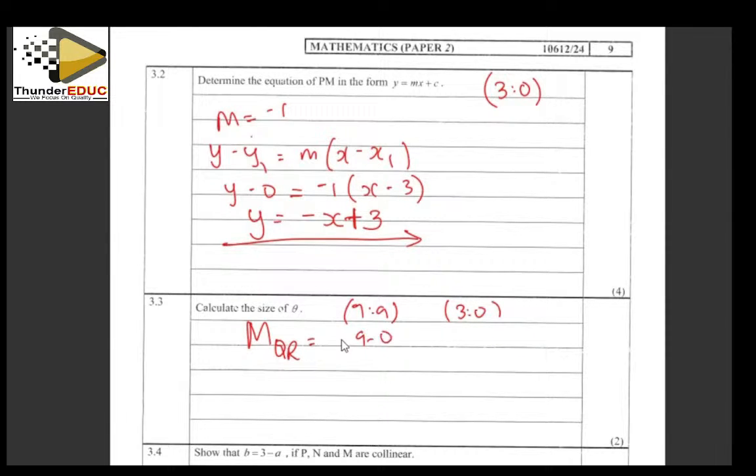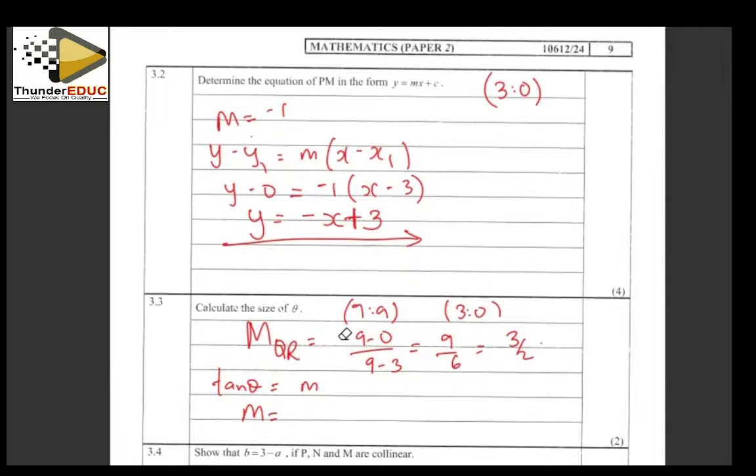So it's 9 minus 0 over 9 minus 3, which is 9 over 6, which is, divided by 3, 3 over 2. Then we know that tan theta should be equivalent to m. We have our m as 3 over 2.